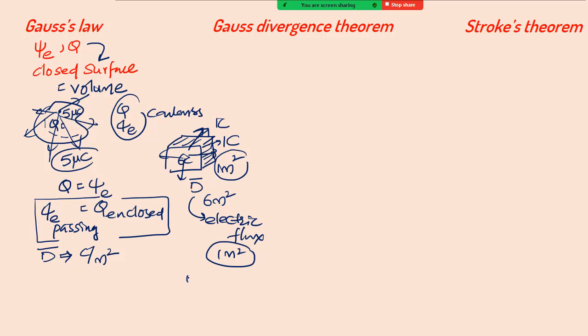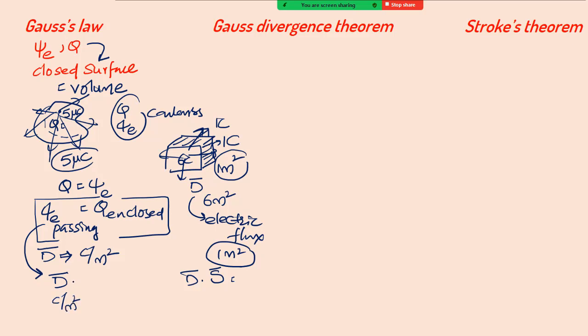So if you multiply this D bar with the total area, then you will get the total amount of flux which is leaving through those 6 surfaces. Okay, that is what we are following here. So this left side part, whatever the electric flux is there, we can write in terms of the electric flux density. D bar is giving the electric flux per meter square.